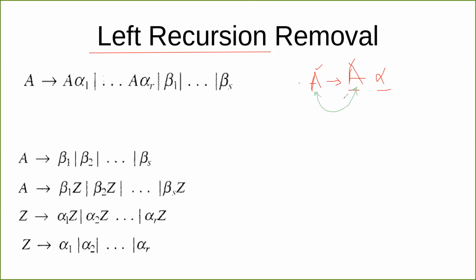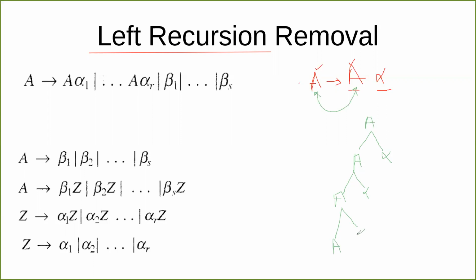Why left recursion? First, there is a recursion because A reduces to A plus something. Again, we could reduce this A with the same production, and if we create a derivation tree using this derivation, it would be like this: A, alpha, again A alpha, again A alpha.